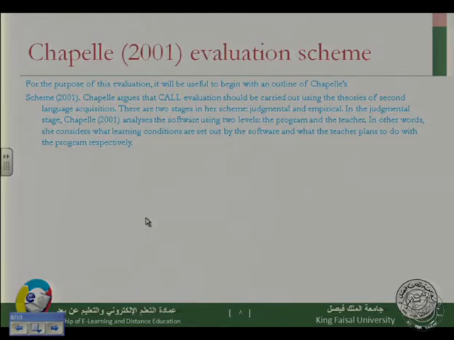You are learners of a second language. English is your second language. It's not your first language. So you are trying to help yourself to acquire, to learn this second language. How? One way is to use CALL software. So we need to link the evaluation of CALL software with second language acquisition, with SLA.